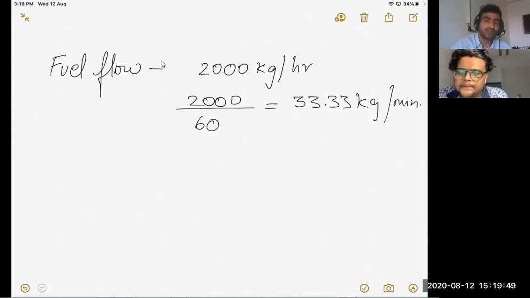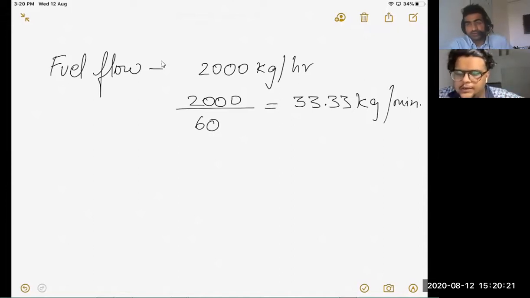The first thing you're learning is how to change hours into minutes by dividing the value of hours by 60.